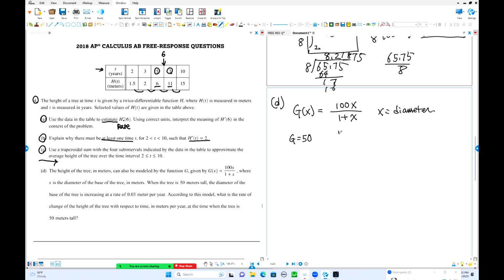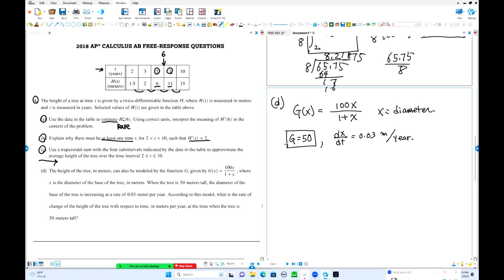This is the diameter, so dx/dt equals 0.03 meters per year. That's the given at this instant.